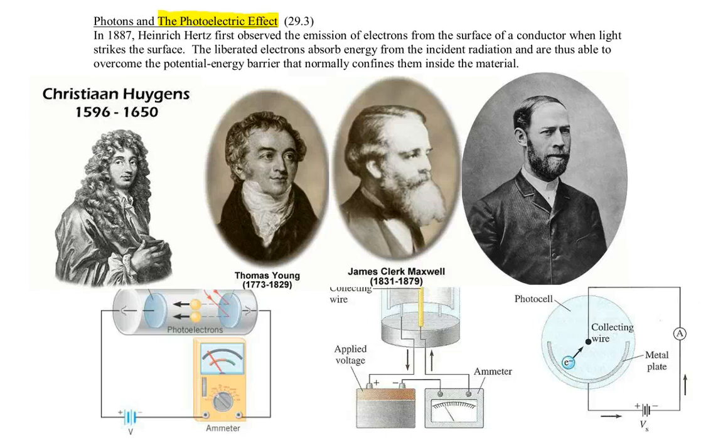However, in the late 1800s, 1887 to be specific, Heinrich Hertz began to experiment and demonstrated that cathode rays could penetrate very thin metal foil, such as aluminum. And at the time, J.J. Thomson noted the electric and magnetic fields can be deflected by cathode rays.